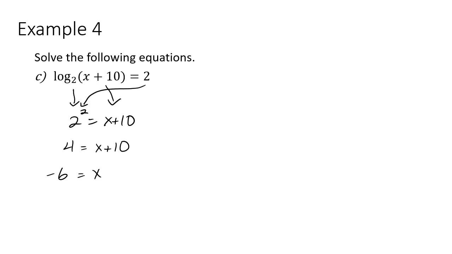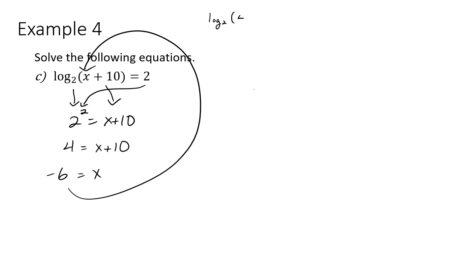Now, I picked this particular example to illustrate a point. Sometimes students make the mistake of thinking that you can't have negative numbers as solutions. You can. What you can't have is a solution making the inside of a logarithm negative. If we plug this negative 6 in for x, we would have log base 2 of negative 6 plus 10, or positive 4.